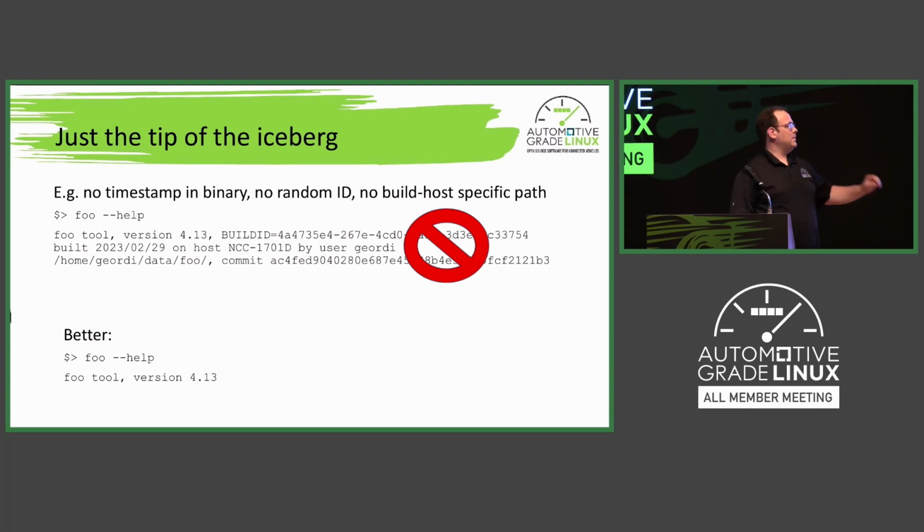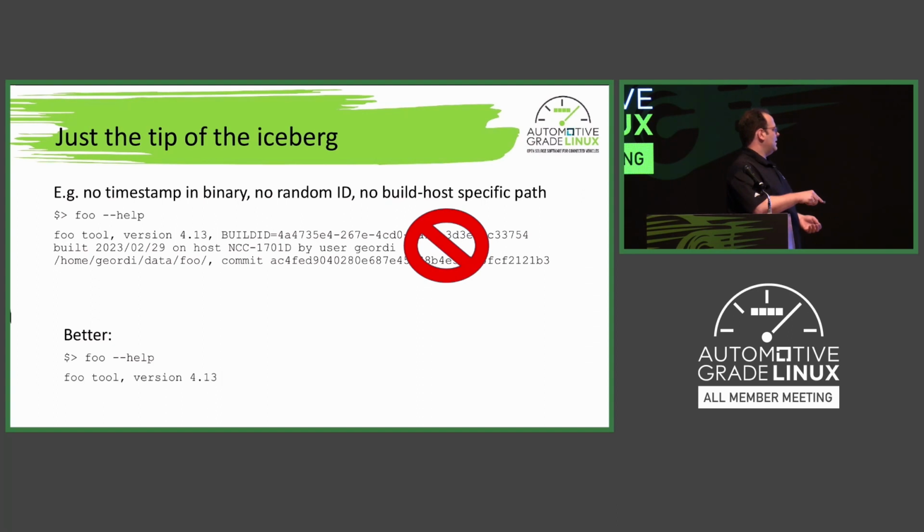If once you rebuild this on your other machine, the host name is different, the user is different, it's a different date, it's a different commit, it's a different folder. So at that point, it's a different binary, because we embedded non-reproducible information, right?